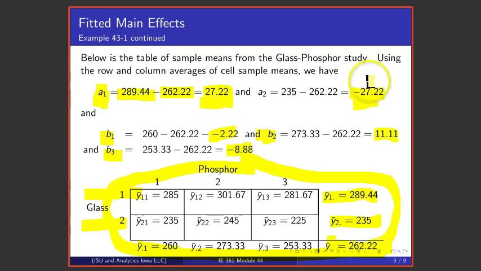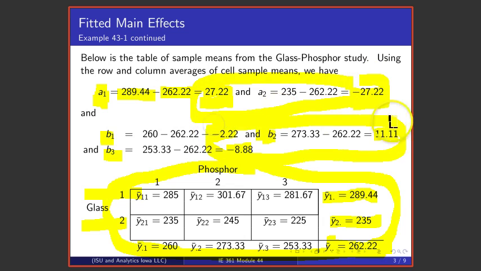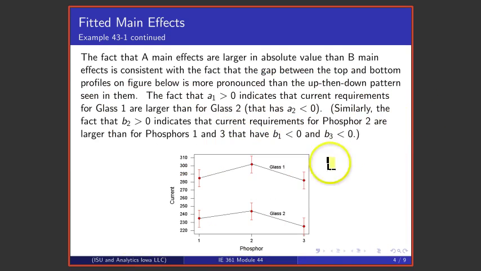The fact that the 27.22 values here are on the whole bigger than these values is a quantification that, on this picture, the gap between glass number 1 and glass number 2 is a lot larger than the change as I go from phosphor 1, say, to an average of these two values for phosphor 2 to the average of the two phosphor 3 y bars.